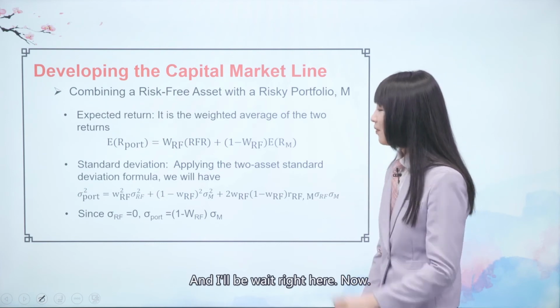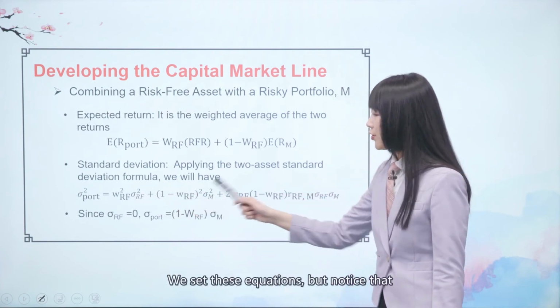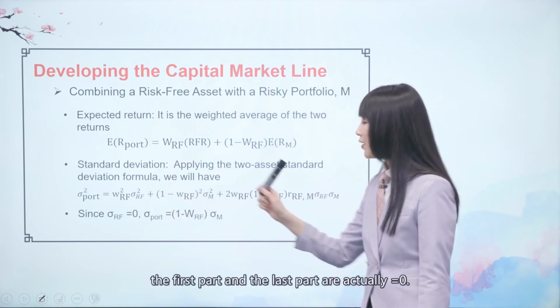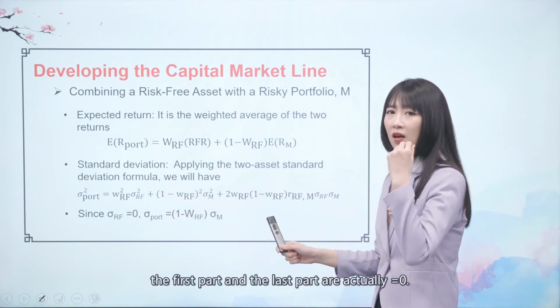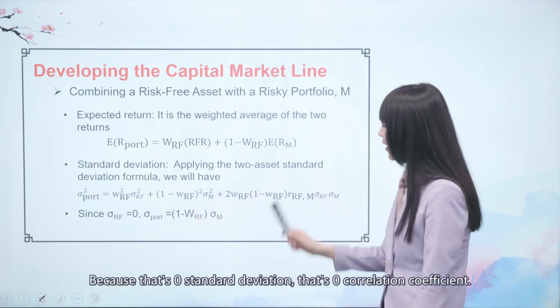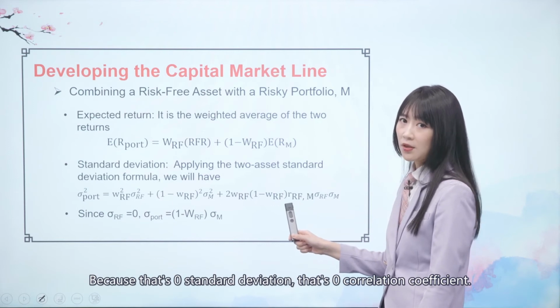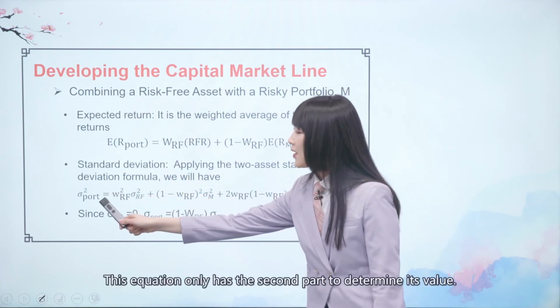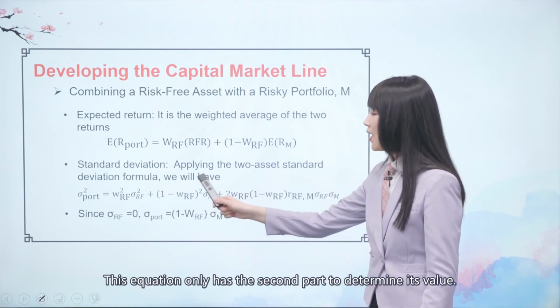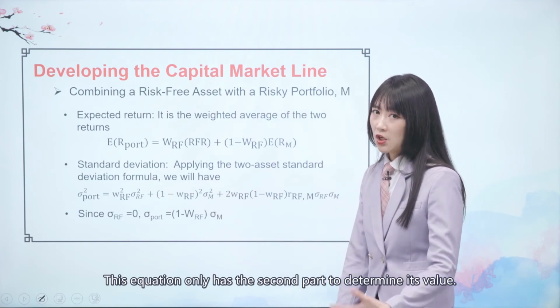Now, we set these equations, but notice that the first part and the last part are actually equal to 0, because that's 0 standard deviation. That's 0 correlation coefficient. So these equations only have the second part to determine their value.